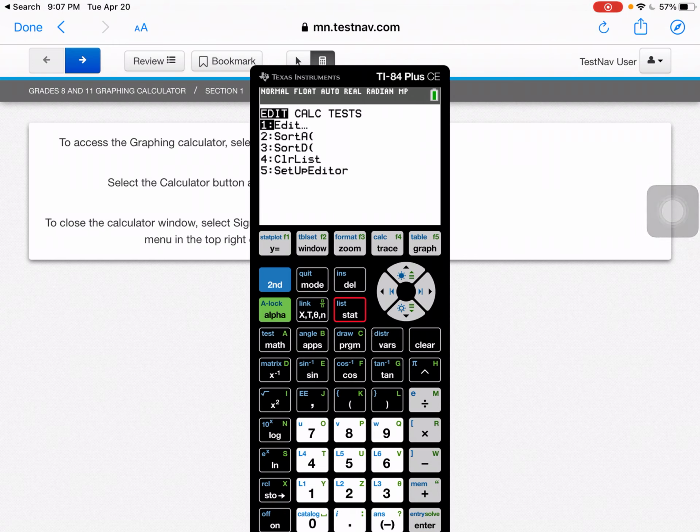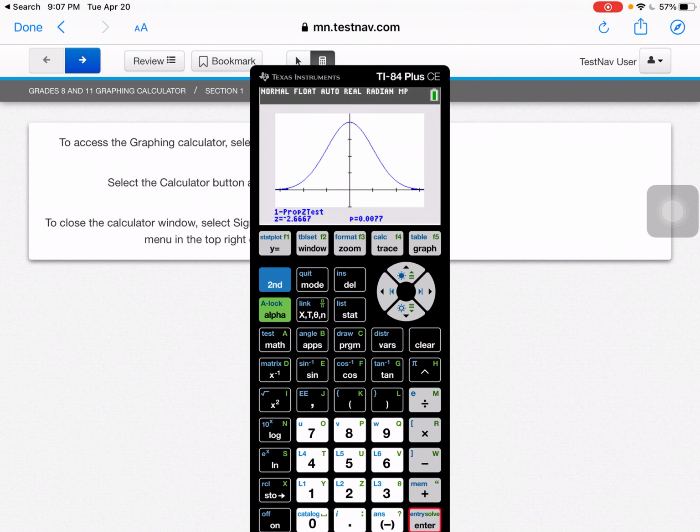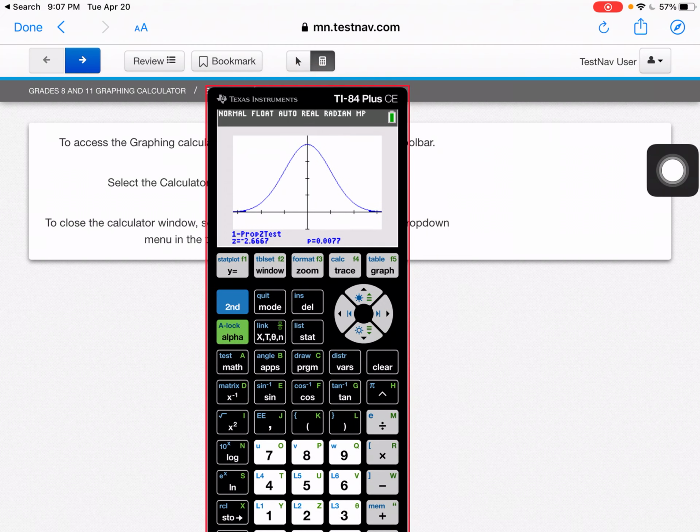If you go back to that same 1 prop z test, you'll notice that it also gives you another option as draw. So if I go over to draw and hit enter, it'll give me that picture, and you'll see that it has a little bit of shading on each of these 2 tails. This screen also does give you the z and the p-value as well.